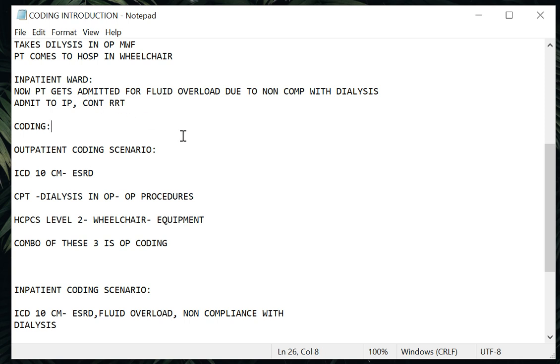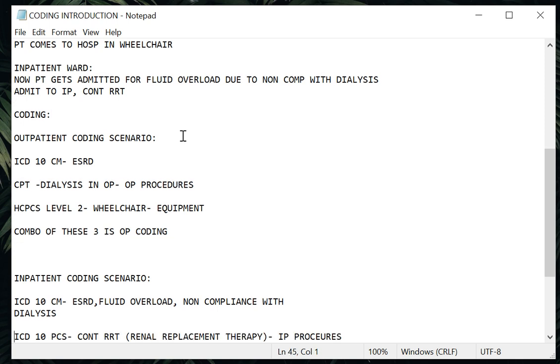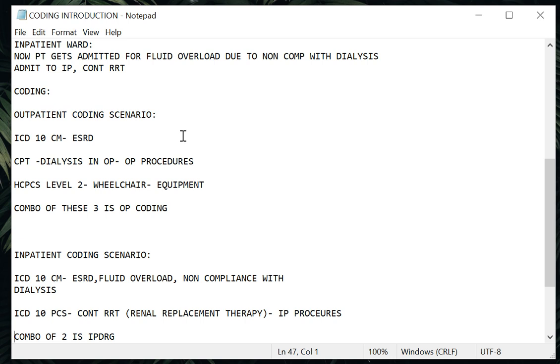Now, how to code the scenario in IP? Very easy. This is the inpatient coding scenario. As usual, first we need to take the diagnosis, that is the ICD-10-CM. What are all the diagnoses? In the OP, it was just the ESRD. Now, since the patient was non-compliant with dialysis, the ESRD has worsened with the condition called fluid overload.